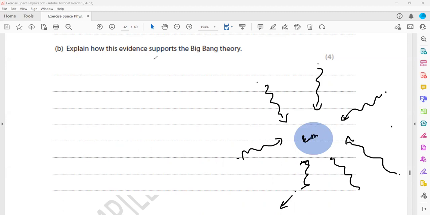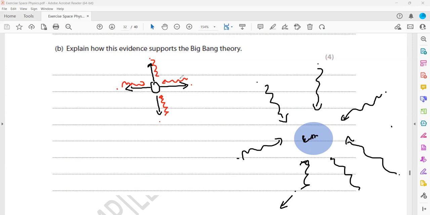Because if something starts with a big bang or explosion, to conserve momentum, if one particle moves towards the right, one particle will move towards the left. If one particle moves upward, one particle moves downward. For example, this is a source of cosmic background radiation. All these sources are emitting cosmic background radiation, and we receive almost the same amount of radiation throughout.